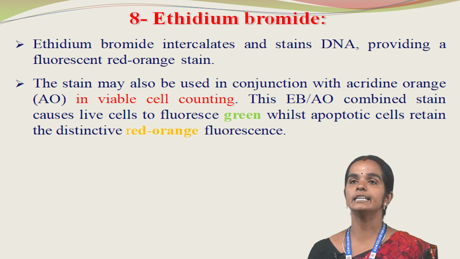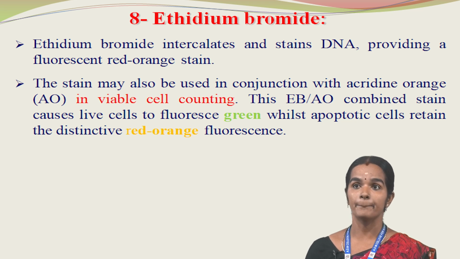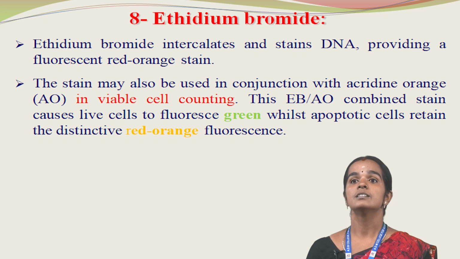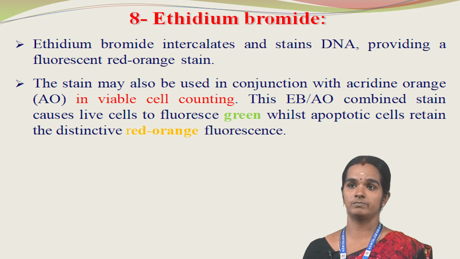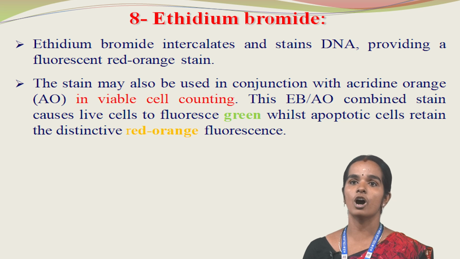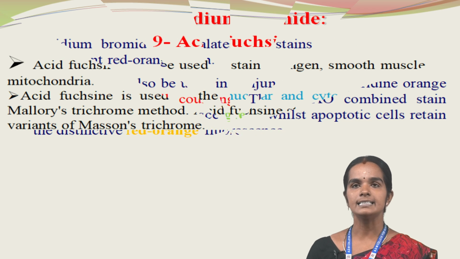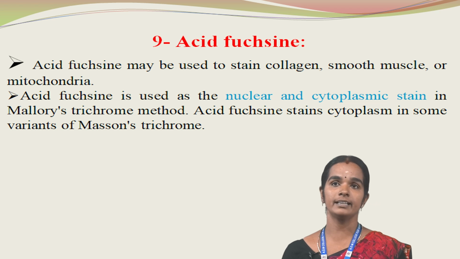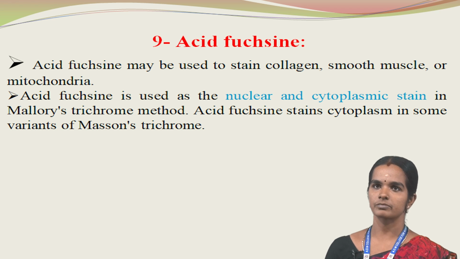EB means ethidium bromide. The combined stain causes live cells to fluoresce green, while dead cells retain the red-orange fluorescence.